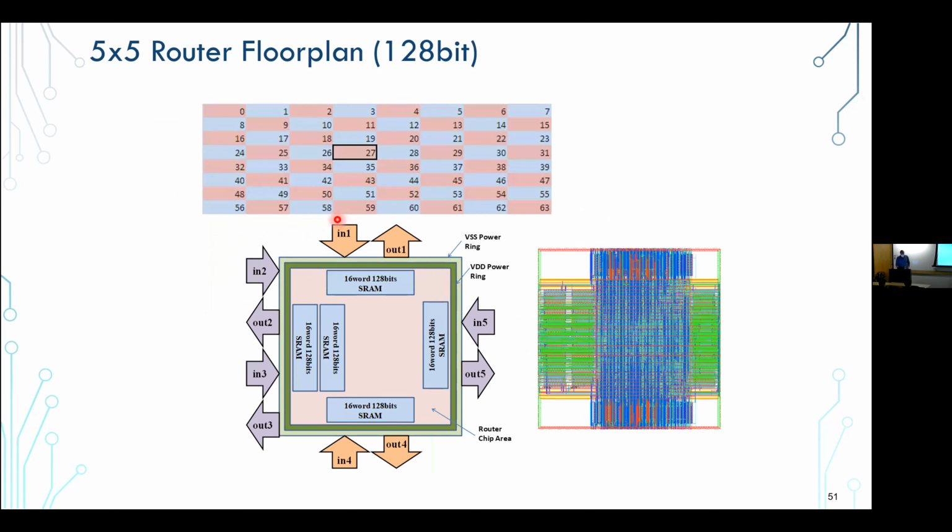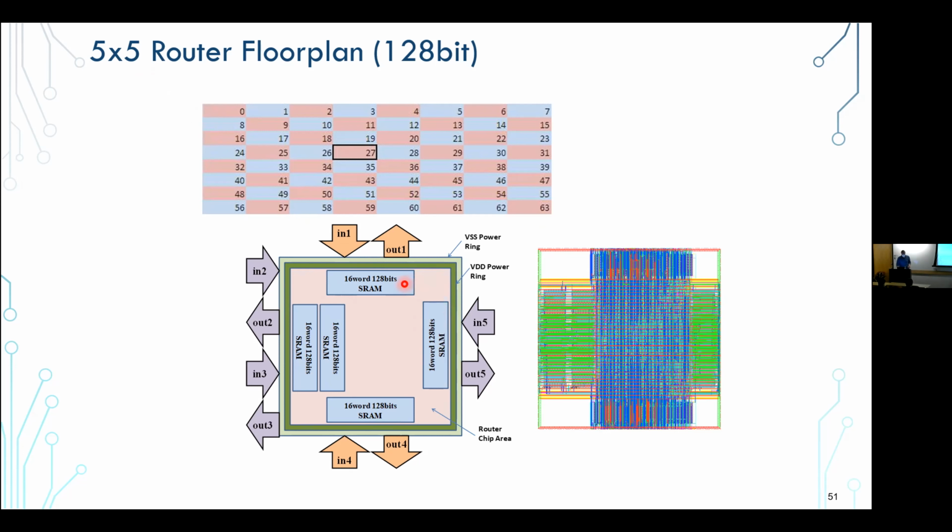But let's see, for this system of 64 cores, if we went with a 5x5 router, right? Remember, that router is a single router per core, right? So this basically shows each core, their ordering, and the architecture of the router.